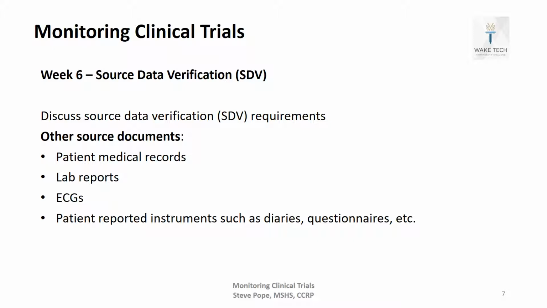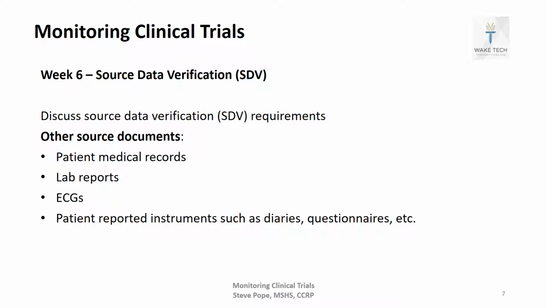These can be in a written form where a subject just handwrites information on their diary or on their questionnaire. It might be in electronic form. Many trials now are using what's known as electronic patient-reported outcomes.